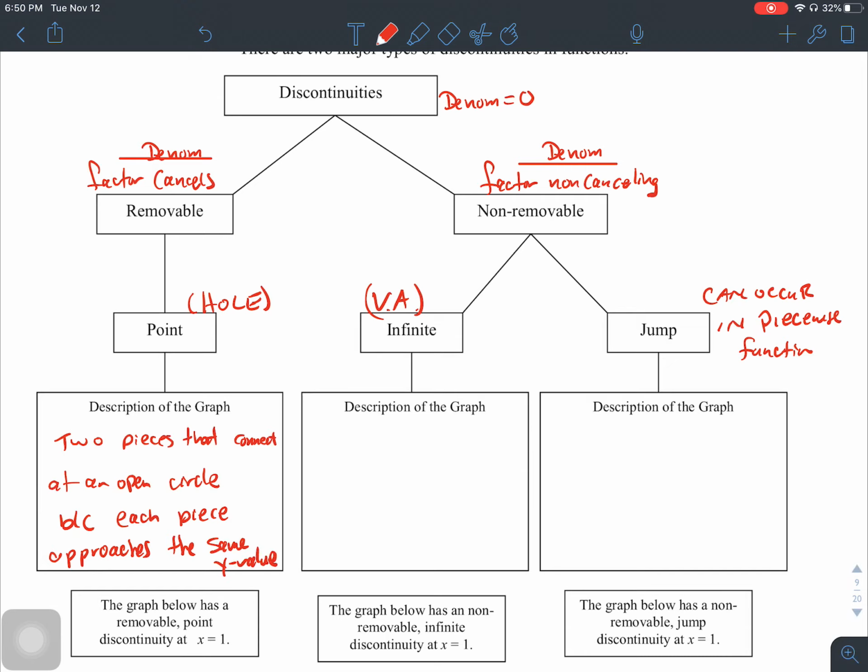When we say approaches, that's implying a limit. If we were to approach the x value where this hole is, the limit from the right and the left would be approaching the same number.